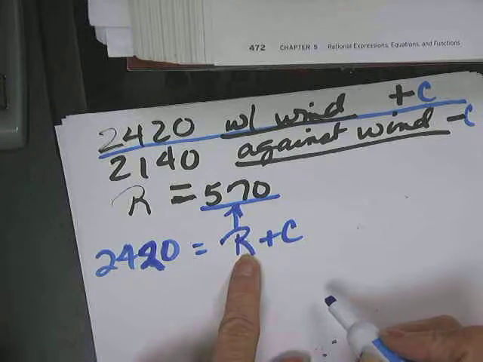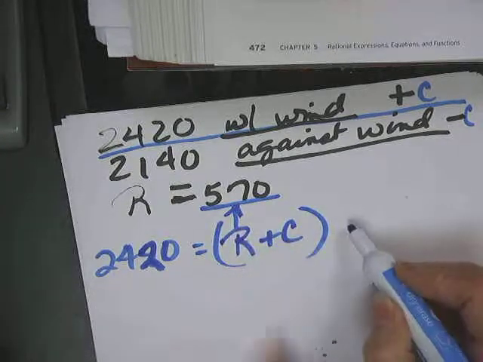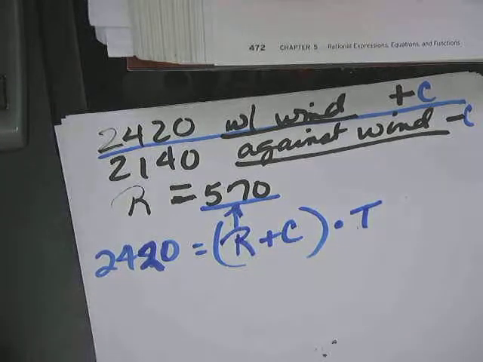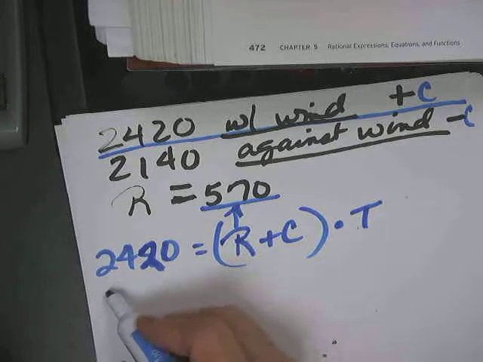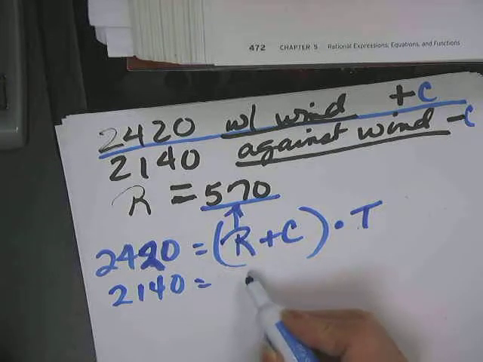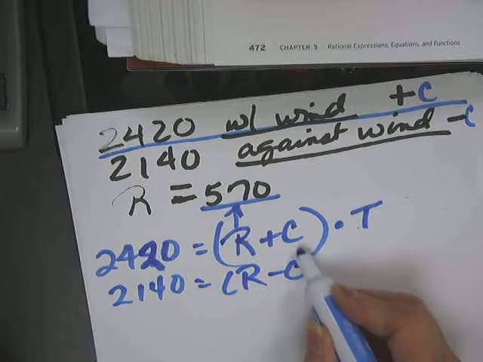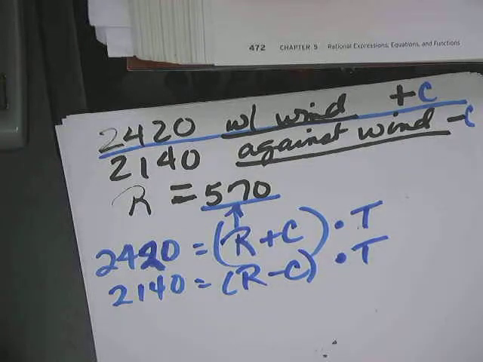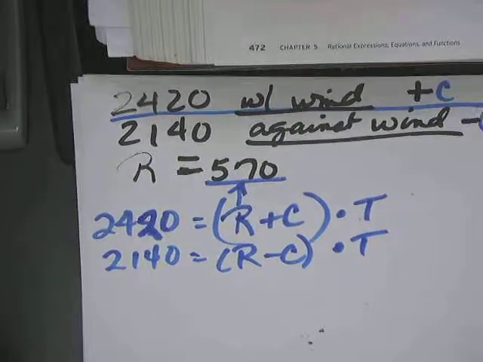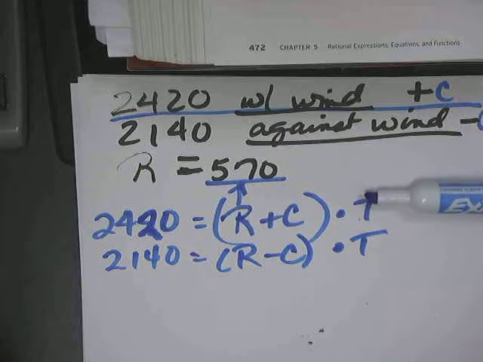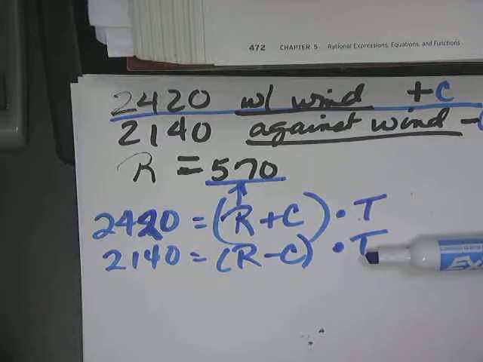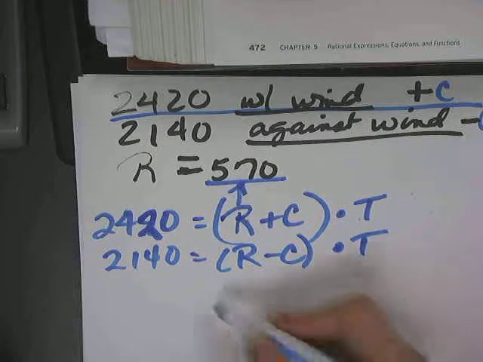Remember, the distance is the rate times the time, isn't it? The rate, we don't know. Yeah, we do know the rate. The rate is going to be this plus the current, right? That's our rate times our time. The other one, 2140, is the rate minus the current times the time.